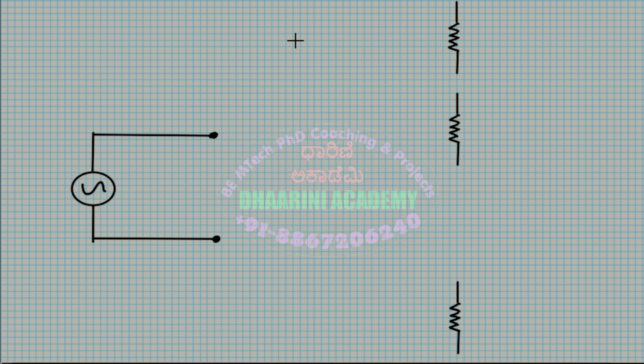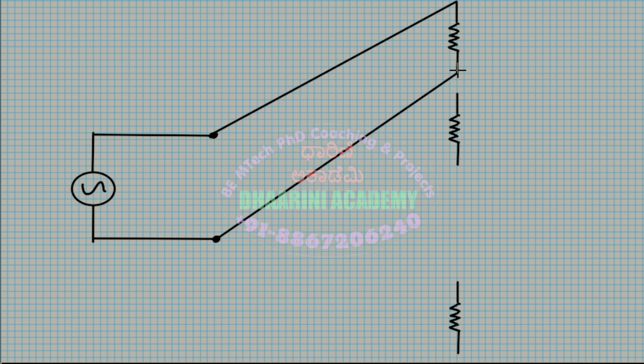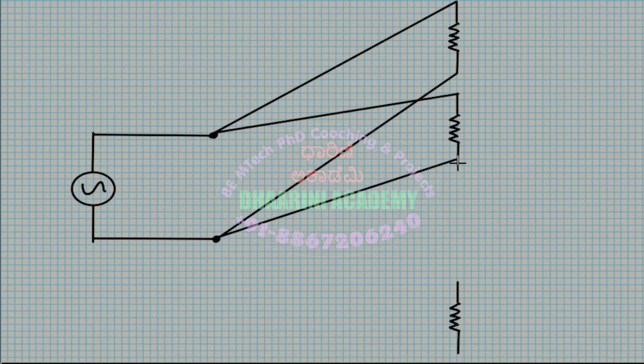Okay, now let's make the connections. So this gets connected to this point, and this particular point gets connected to this. Okay, at the same time, you also have the connection between this and this point, and the lower one getting connected to this. You see, this is considered as the second, right? From the junction, you have several branches.